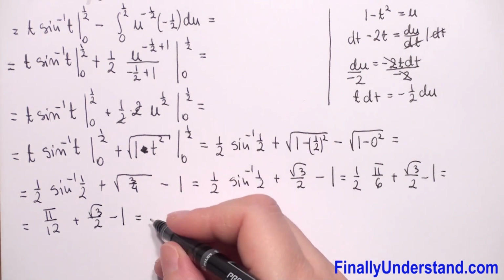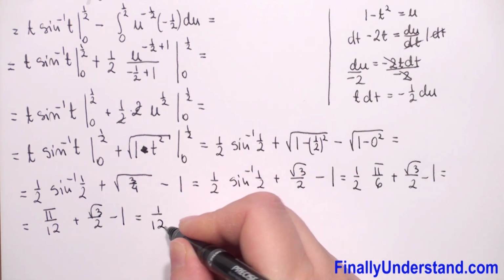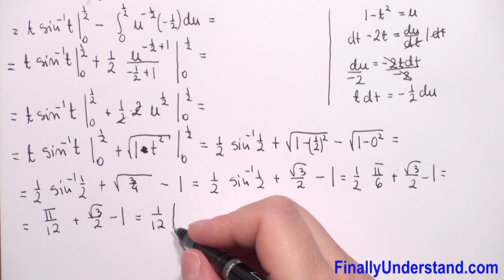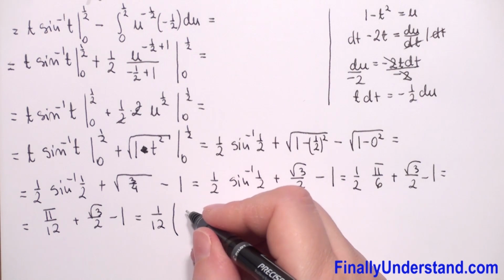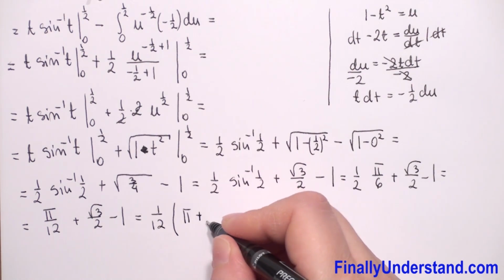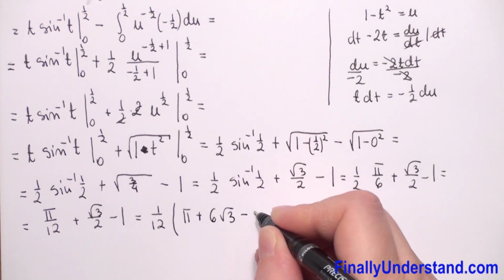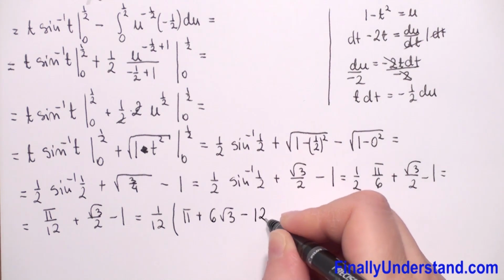We can factor out 1 over 12, so in parentheses we will have pi plus 6 square root of 3 minus 12.